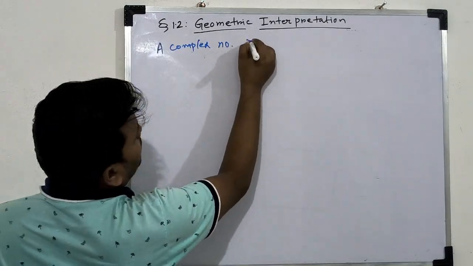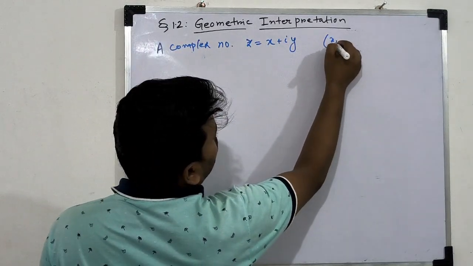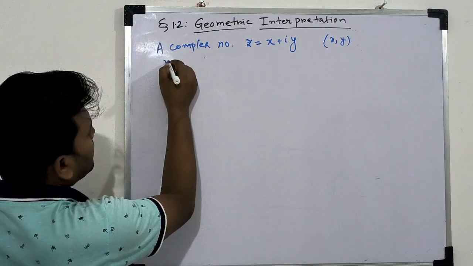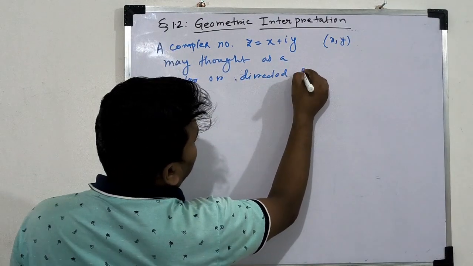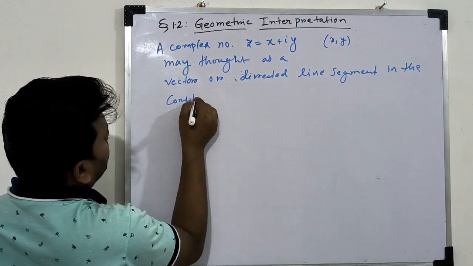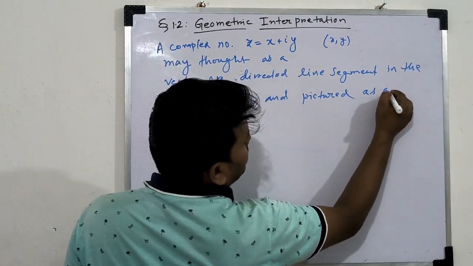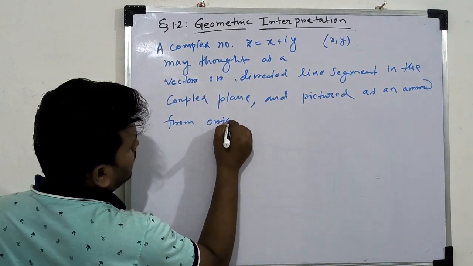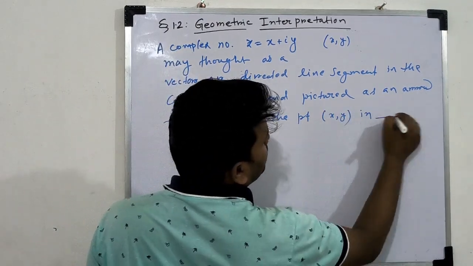So a complex number z equal to x plus iy, which can also be written as (x, y), may be thought of as a vector or directed line segment in the complex plane, and can be pictured as an arrow from the origin to the point (x, y) in the complex plane.